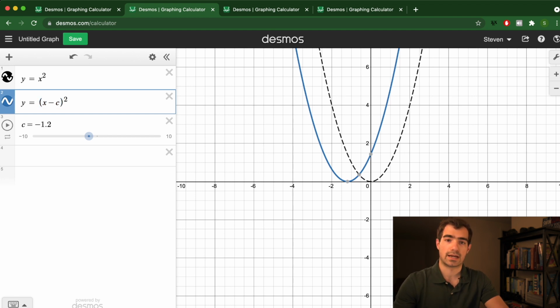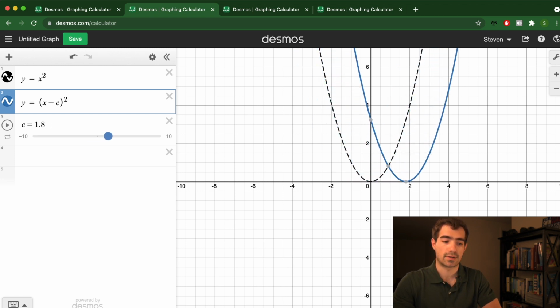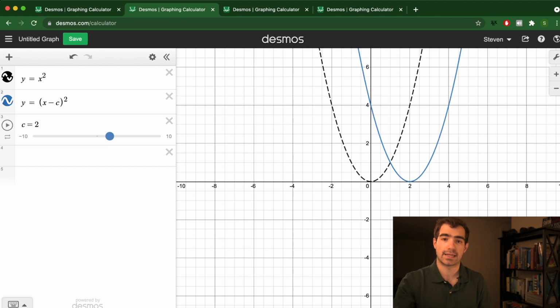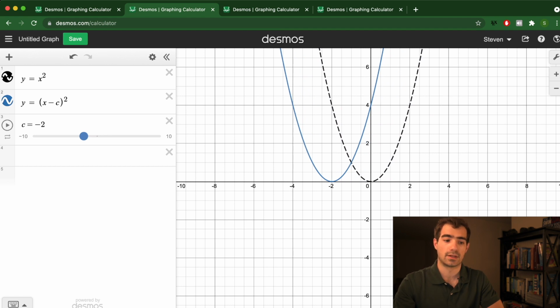But as long as we keep that in mind, then a positive c value, like x minus 2, brings us 2 units to the right, and a negative c value, like x minus negative 2, or x plus 2, brings us 2 units to the left.